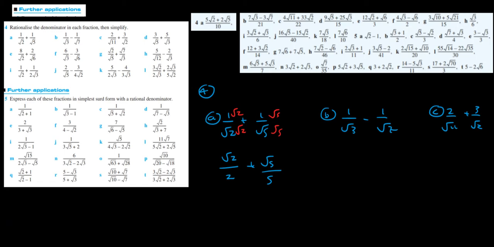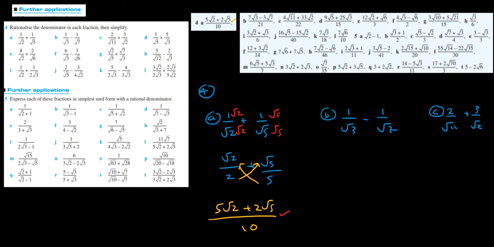Now the lowest common multiple of 2 and 5 is 10. If we want, we can cross multiply. So we're going to get 5 root 2 plus 2 root 5 all over 10, which is what we got. So we can put a small tick, we can do our self-assessment. Mr. Winston can do question 4A.